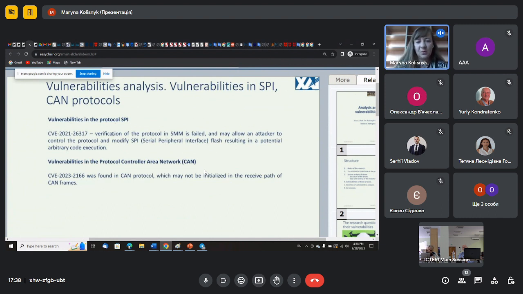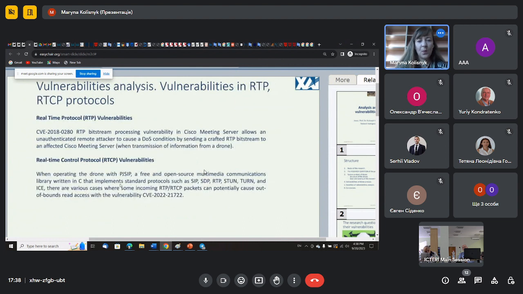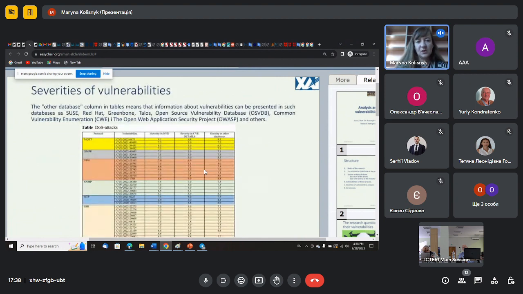Also, the SPI protocol, serial peripheral interface, controller area network protocol, real-time protocol, and RTCP protocol have vulnerabilities. And after this, we proposed a classification, systematization of vulnerabilities and their severity for different types of cyber attacks.